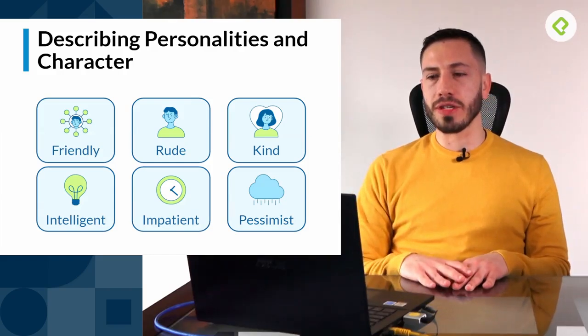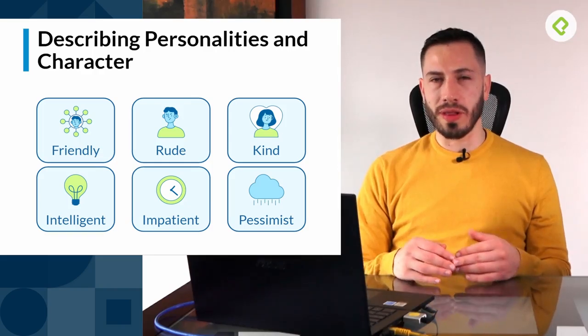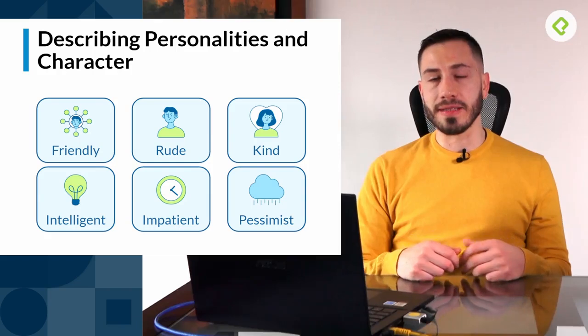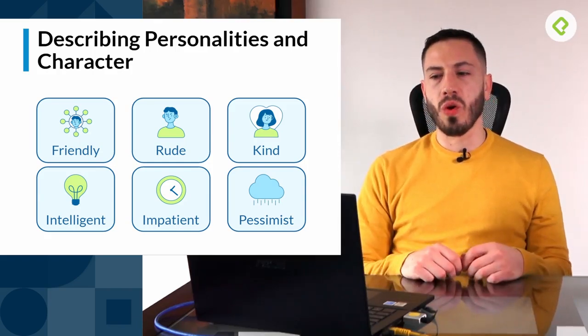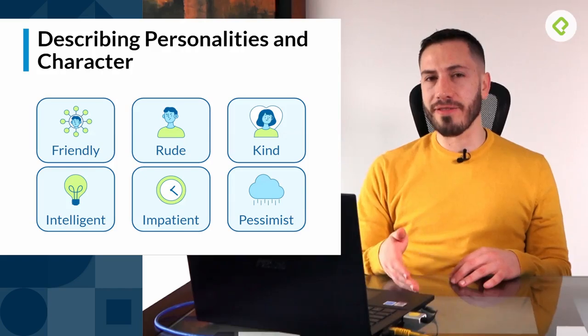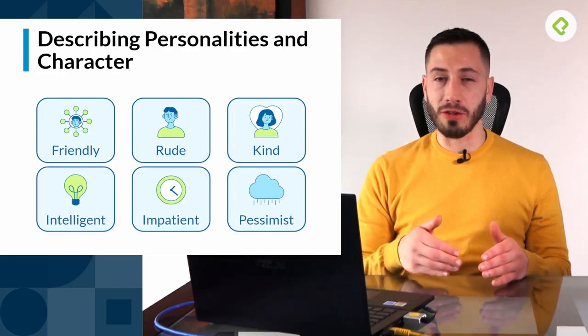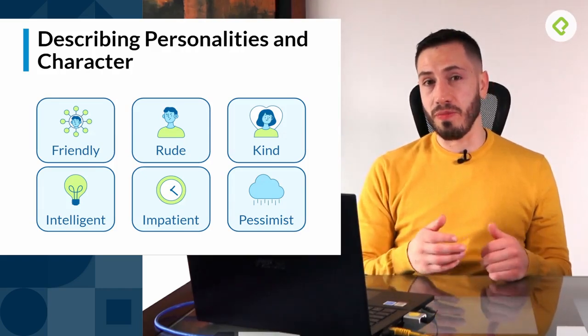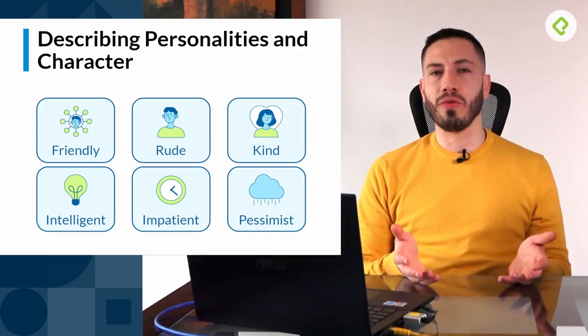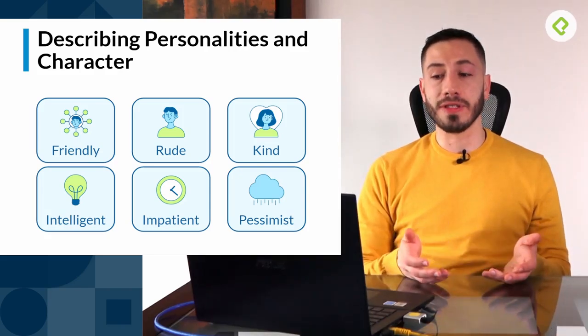Some words now to describe personality and character. Someone can be friendly when they like to be surrounded by people and they are very nice, they have many friends. Or maybe the opposite, someone can be rude and they don't have many friends because maybe they are a little bit aggressive or mean. Someone can be kind when they care about the world and they want to make a difference.